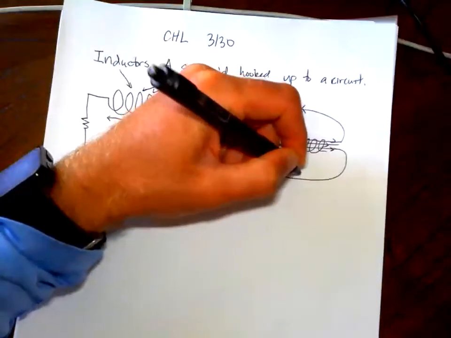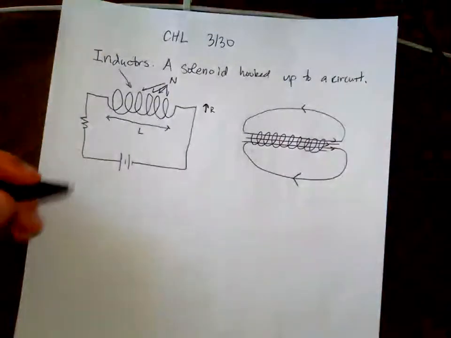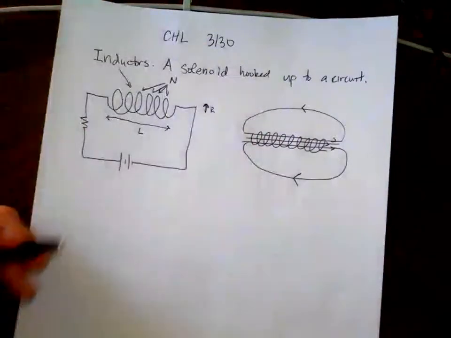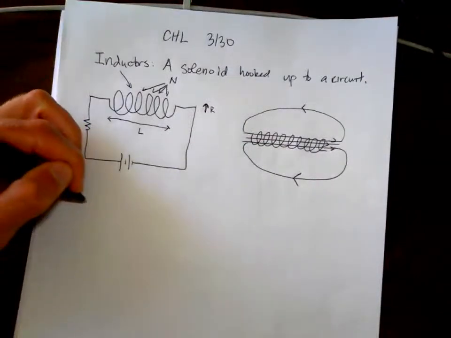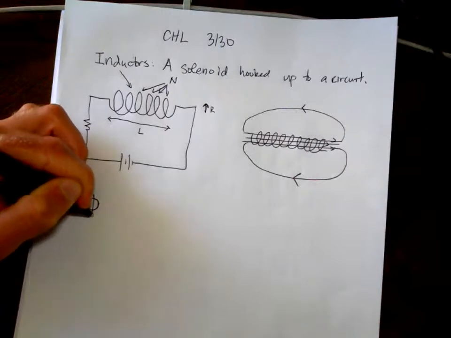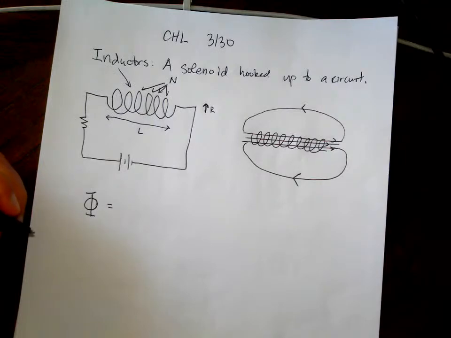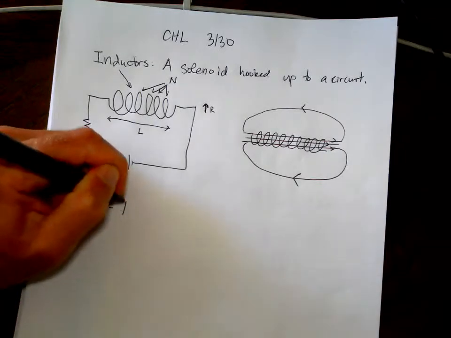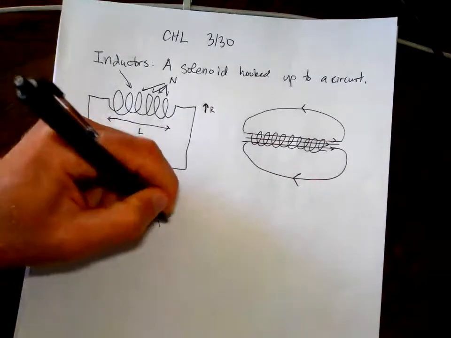Okay. So there's actually a flux through the solenoid due to its magnetic field. So let's go ahead and calculate what is the magnetic flux through the solenoid. Now, to remind you, the formula for magnetic flux is N B A cosine of theta.